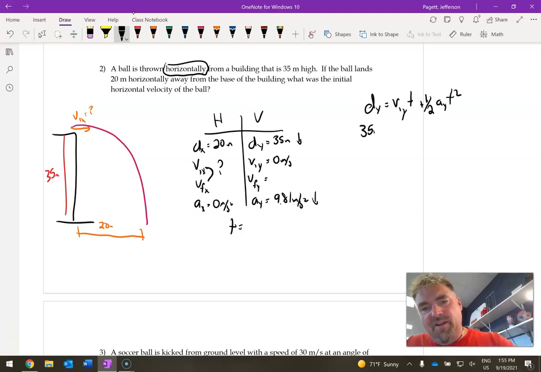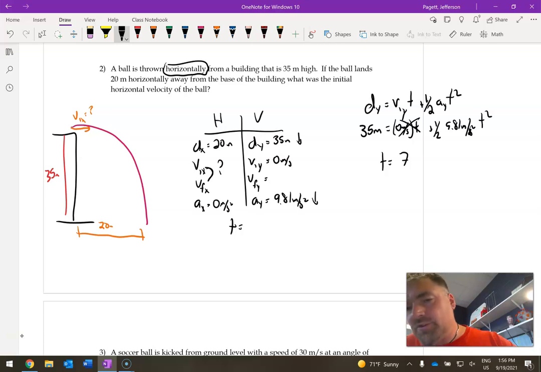So 35 meters is equal to VIY, oh, that's 0 meters per second, times t, plus 1/2 of 9.81 meters per second squared, times t squared. And so I can solve this. This goes away. T is going to be equal to 2.67 seconds. Again, if you struggle with getting this, come see me. I can teach you how to do it. Okay? So now I know that my t is 2.67 seconds.